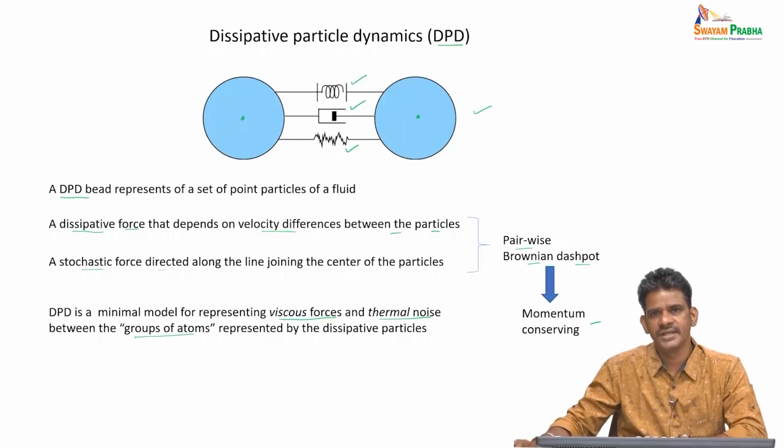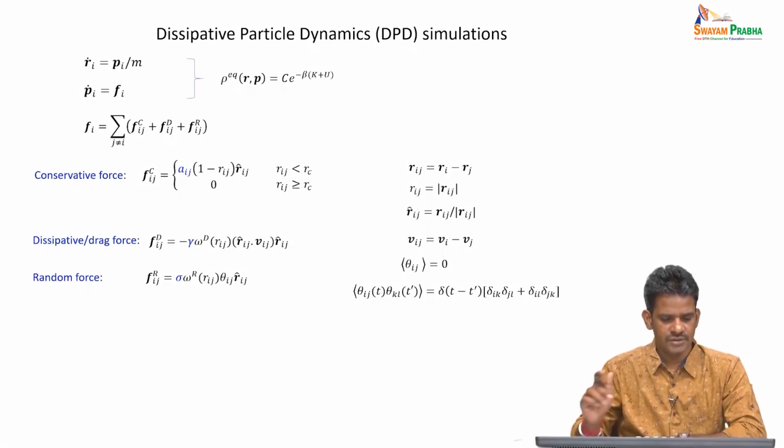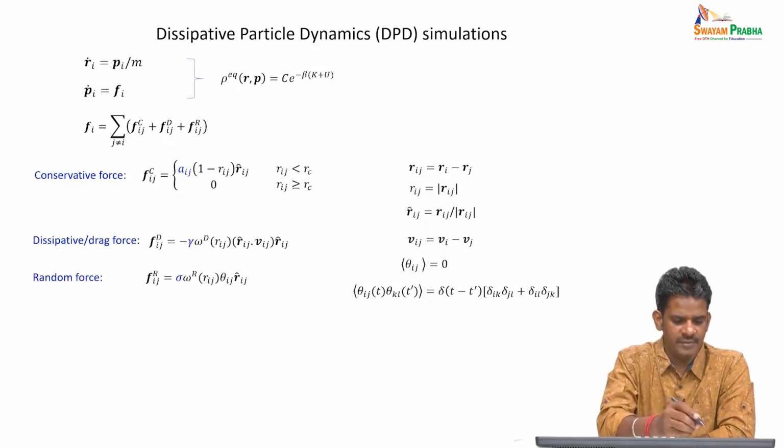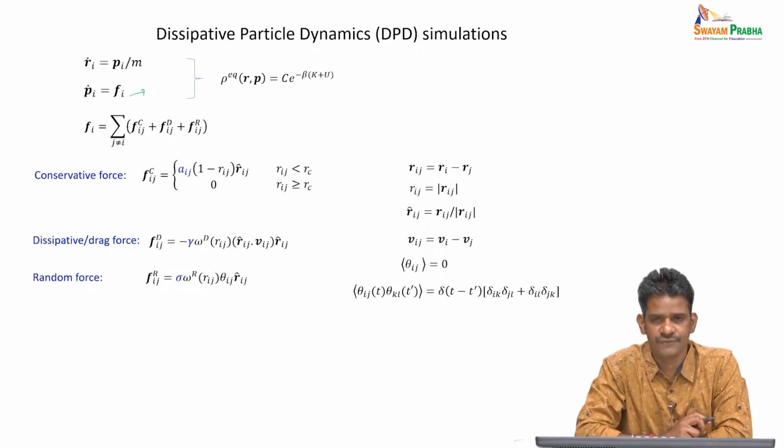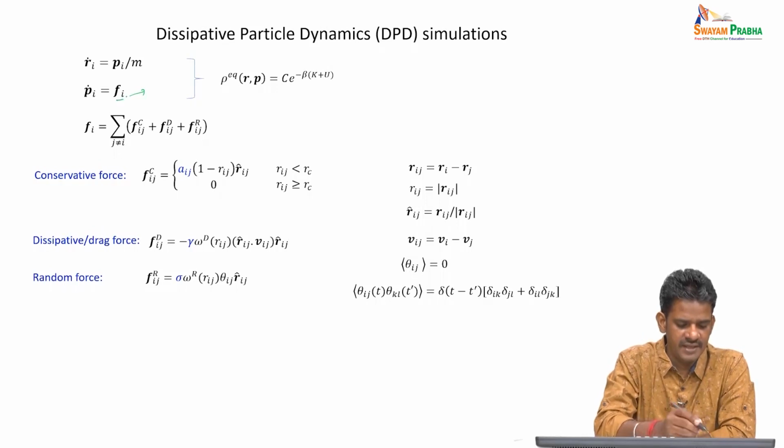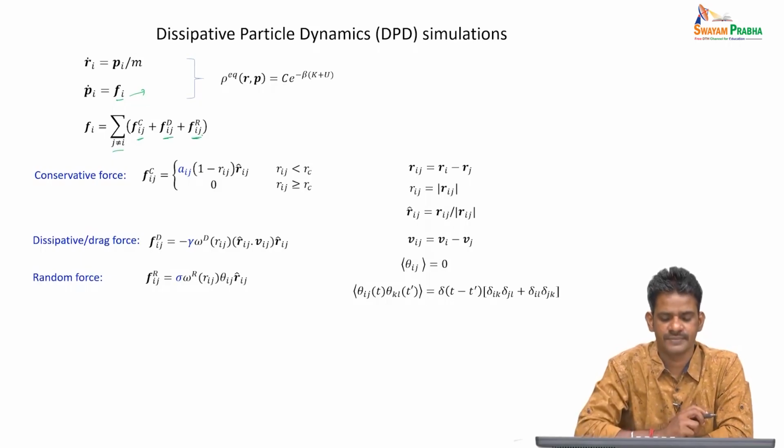Now let us look at the details of the equations and discretization of this method. The rate of change of the momentum is equal to force, but this force Fi comes from pairwise addition of conservative forces, dissipative force and a random force.